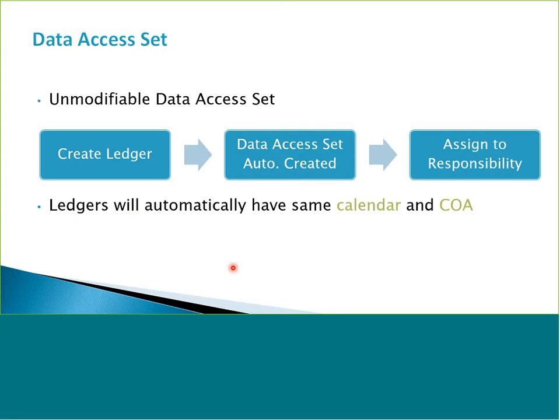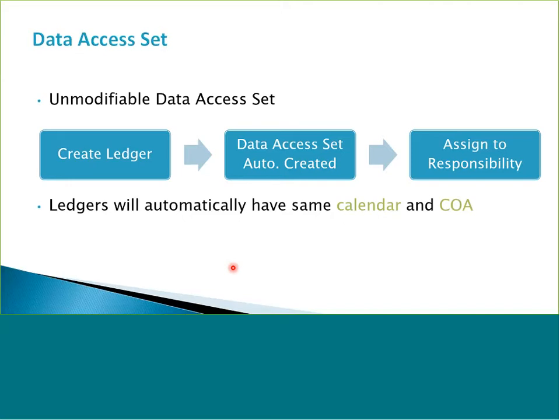So now, every time we create a ledger, a data access set is automatically created, and that data access set usually has the same name as our ledger that we have created. So in real sense, when we are assigning a ledger to a responsibility, what we are doing is we are assigning the data access set to that responsibility, not really the ledger.